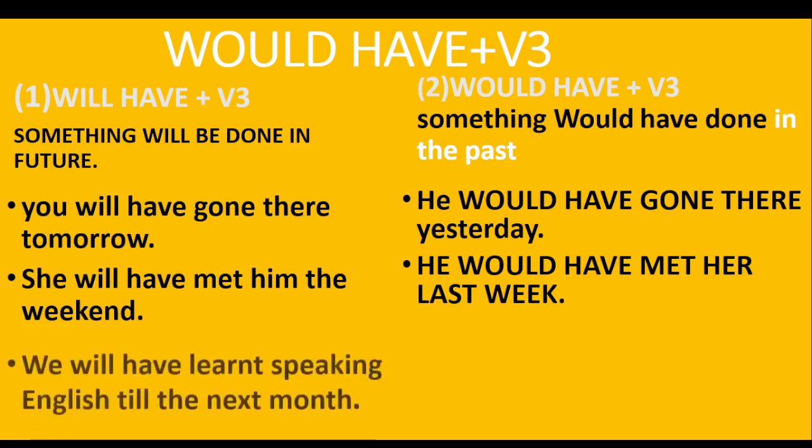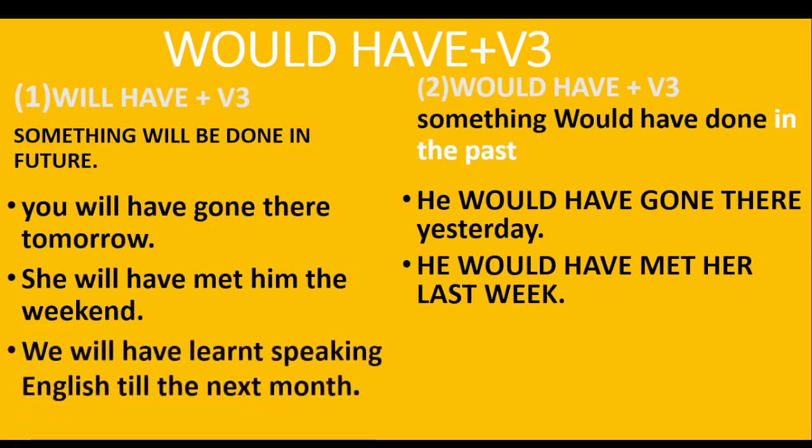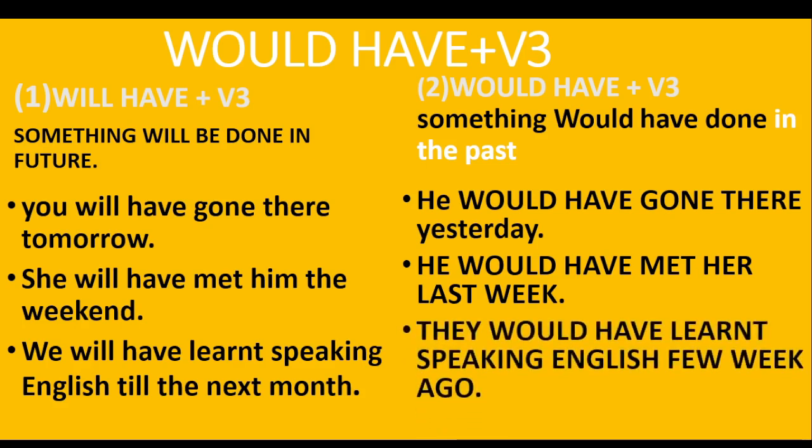And you can see my third and last example, "We will have learned speaking English by next month." This sentence is showing that at this time we are not able to speak English, but by next month we will be able to speak English. It means this action will be completed by next month. And otherwise, you can see "would have", like "They would have learned speaking English a few weeks ago."